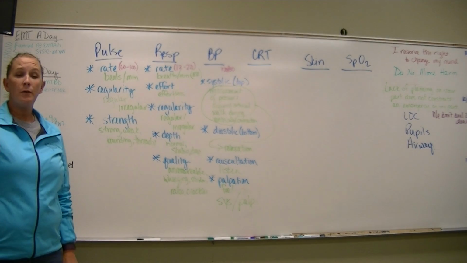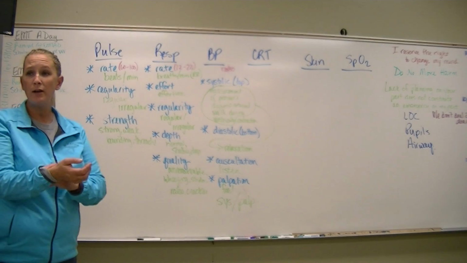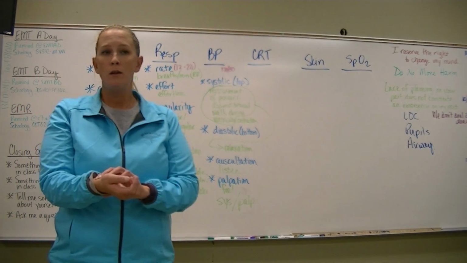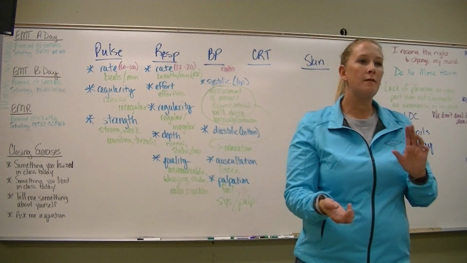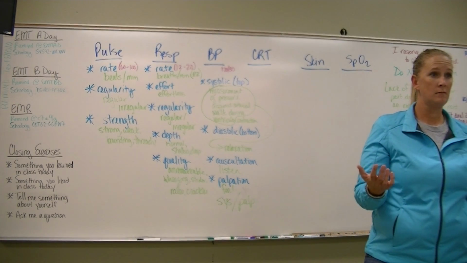If you have a patient in whom you can't find a radial pulse, you know that patient has a systolic pressure of less than 90.